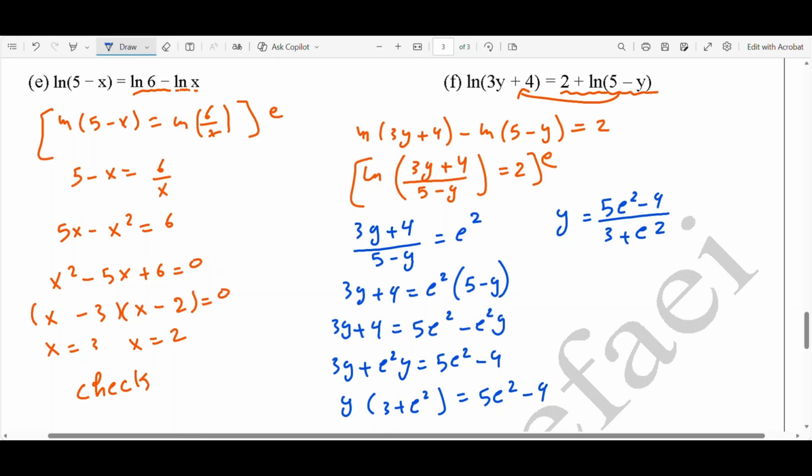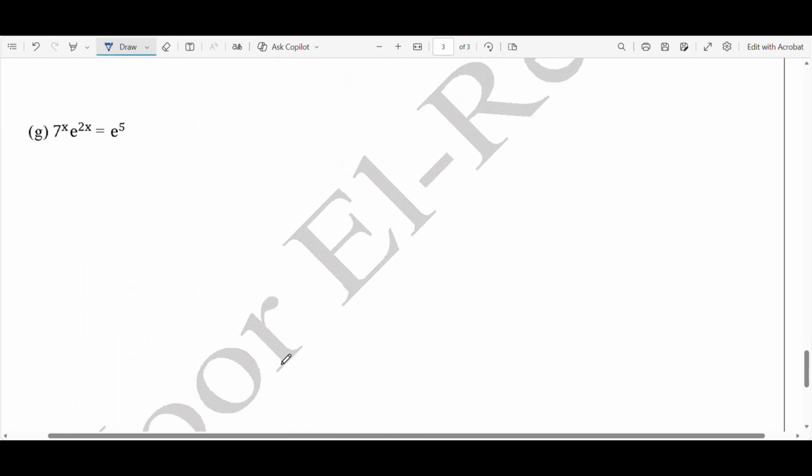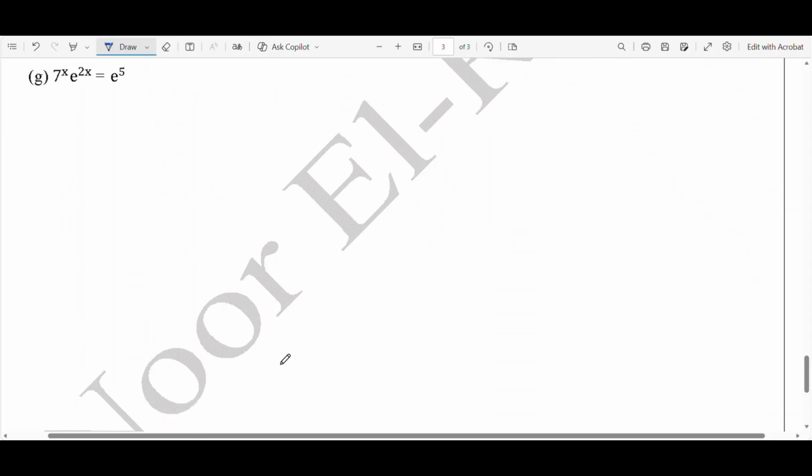Okay, let's move to the last question. 7^x · e^(2x) = e^5. Now, actually, I have one term on the left side and one term on the right side. This is a multiplication here.